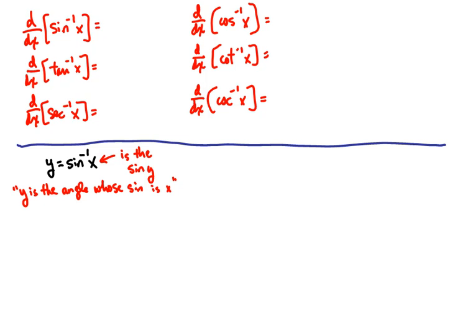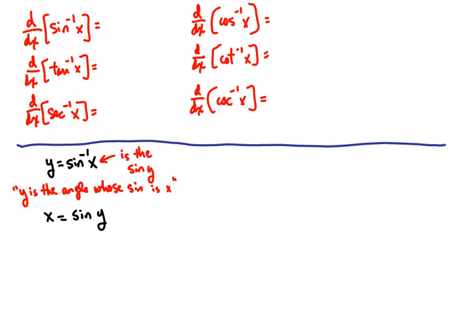We can rewrite this equation not using inverses, and it would be x is equal to the sine of y. With inverse functions, all you really do is swap the x and y. If y is the sine of x, then we swap the x and the y, and we get x as the sine of y.